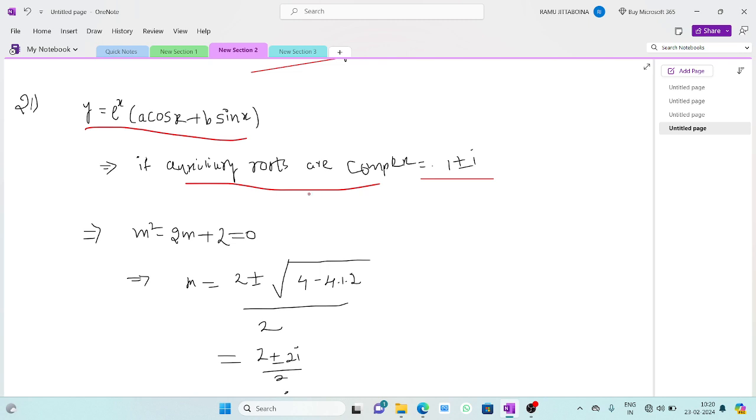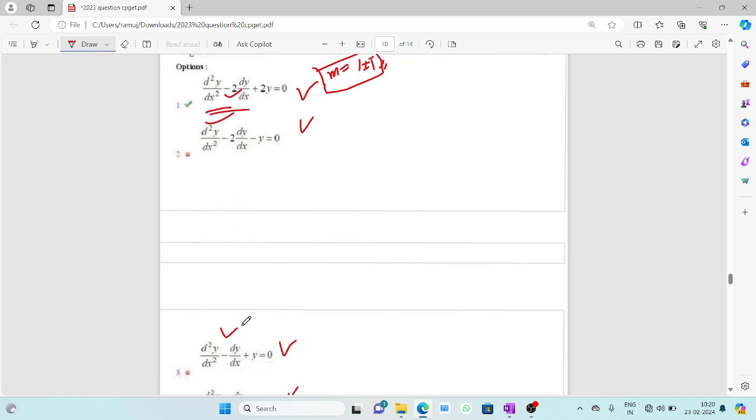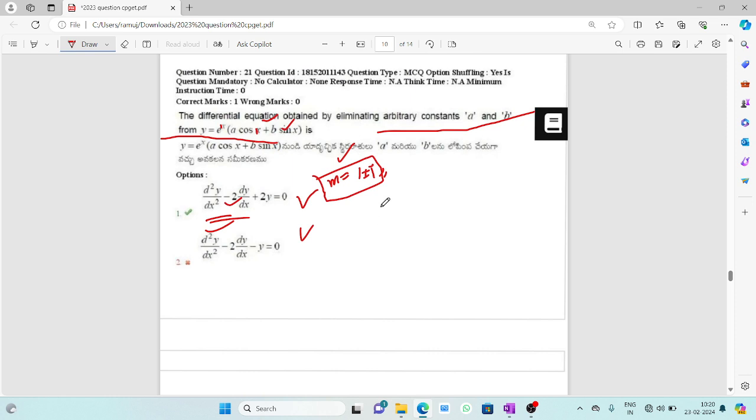I am checking the options one by one: finding the auxiliary roots of each, to see which one will match the given auxiliary roots.